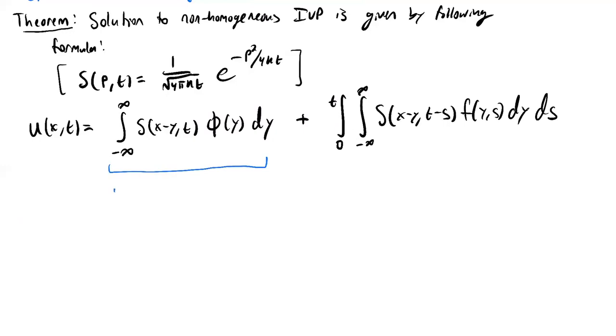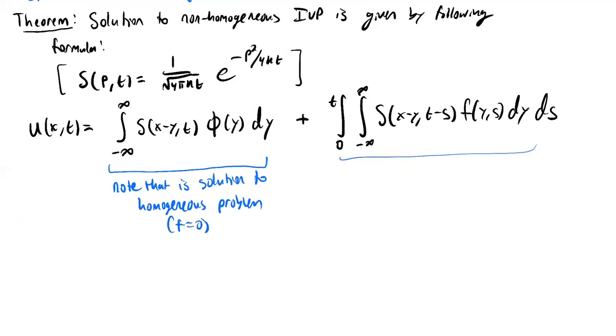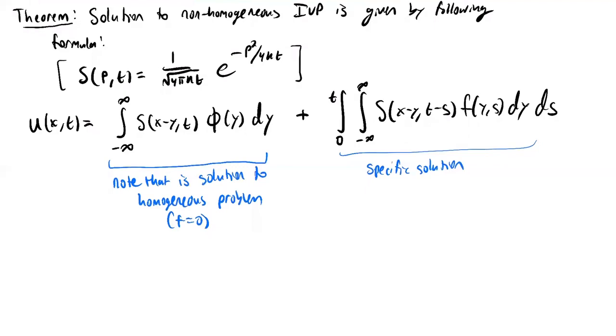Note that this is the solution to the homogeneous problem when f is equal to 0. And then this is a specific solution to the non-homogeneous problem, which we're adding on, written in an abstract form.